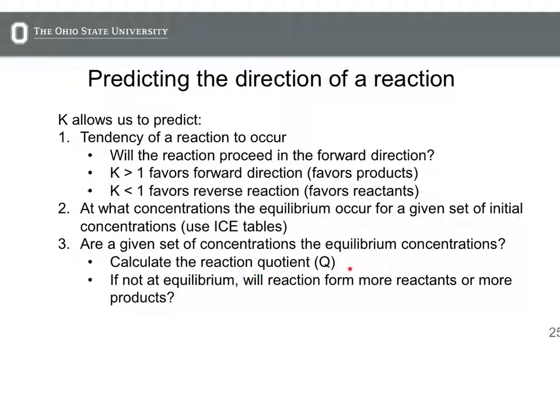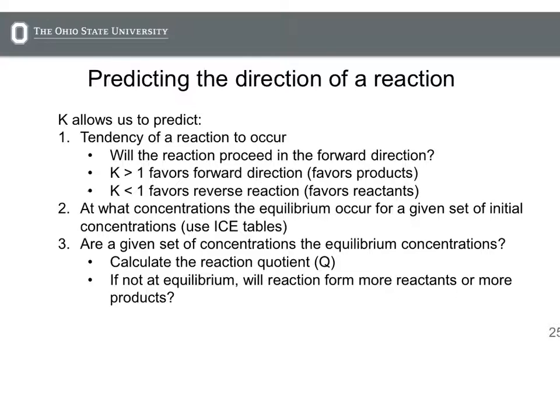So what we use to determine that is called the reaction quotient. It's given the symbol Q. And we're going to calculate a reaction quotient. We're going to compare that to our equilibrium constant. And we're going to see which way the reaction should proceed. And so that's going to tell us, if we're not at equilibrium, should more reactants form or more products form?